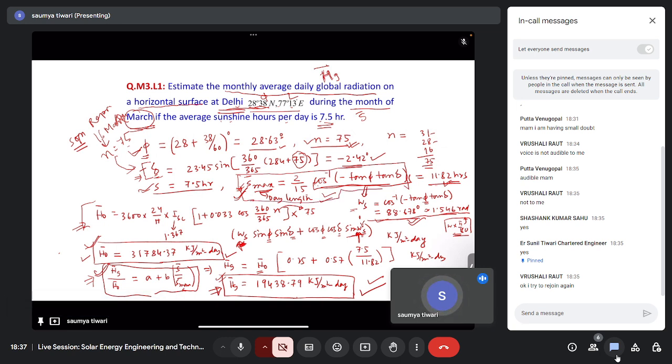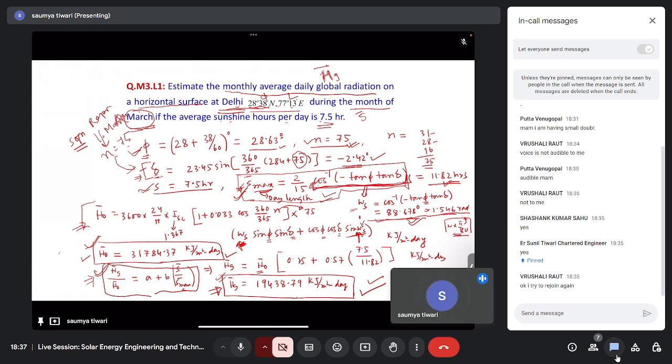We know phi and delta, so we can calculate s max. Note that this is omega s, cos inverse of minus tan phi tan delta, which we can get in degrees. Pay very particular attention to omega s, whether it is in degree or radian, and where to use degree and where to use radian.